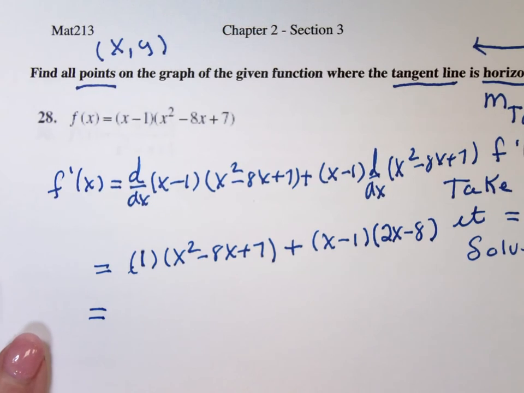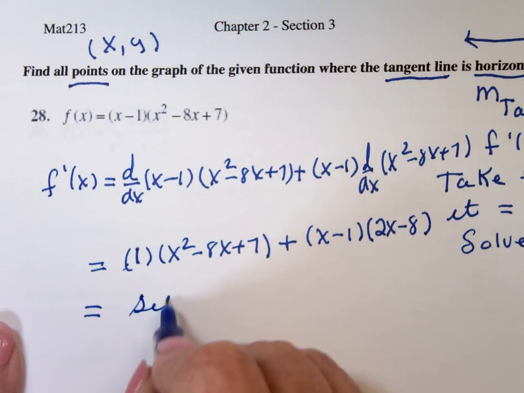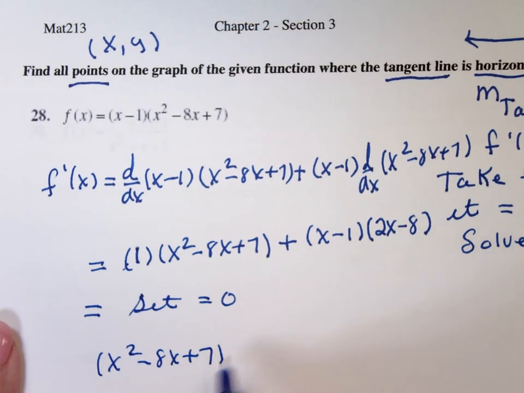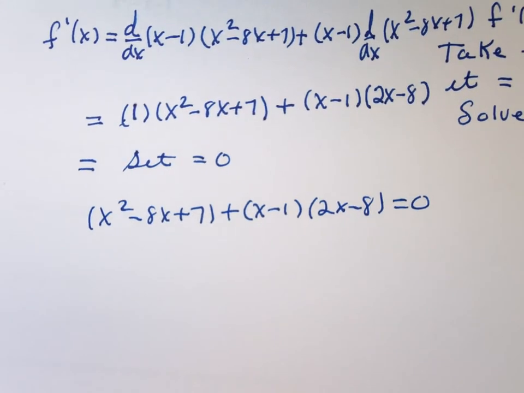Now I'm going to have to take that and set it equal to 0. So x squared minus 8x plus 7 plus x minus 1 times 2x minus 8 equals 0. That's an equation to solve.